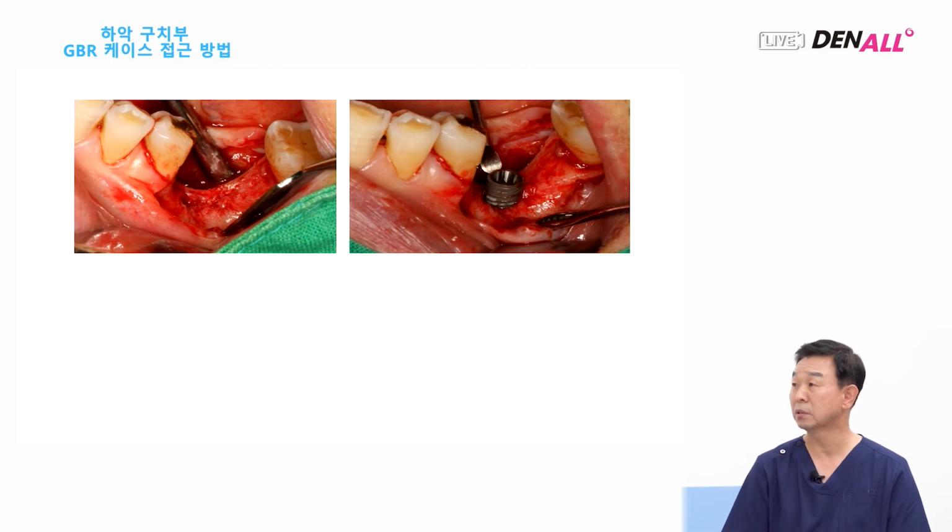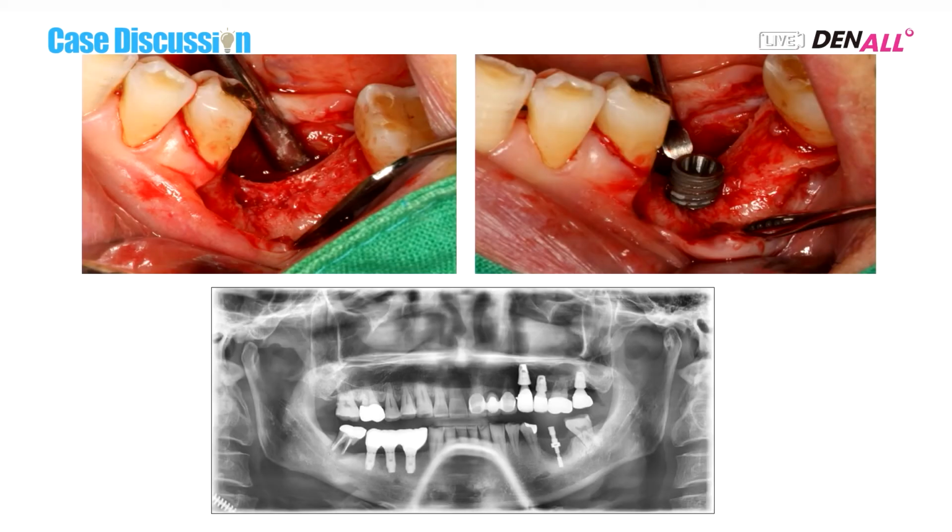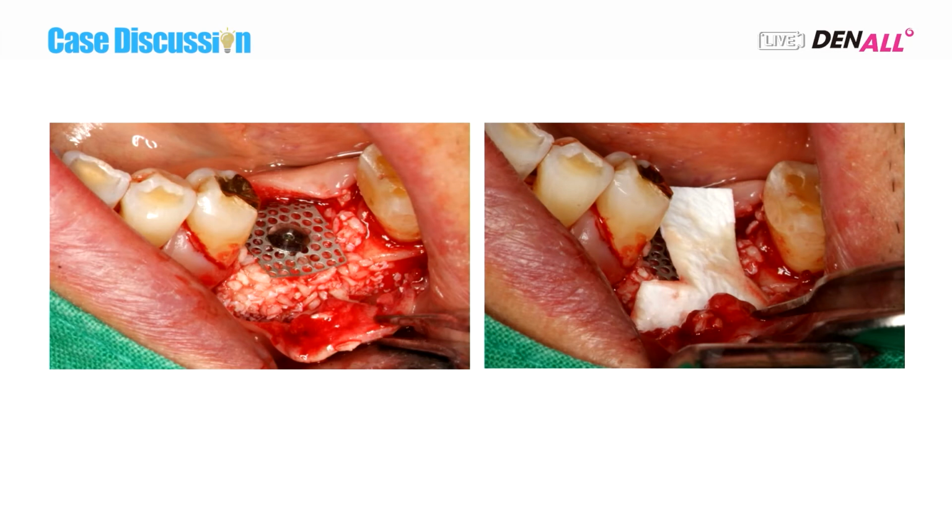So bone is placed at a desired position above the bone. We need to be very careful not to damage the inferior alveolar nerve, so during surgery, I check in the middle. Using the smart builder, GBR is done.